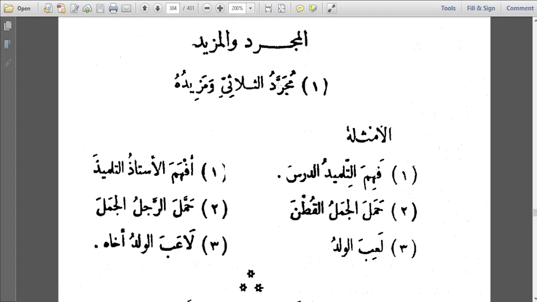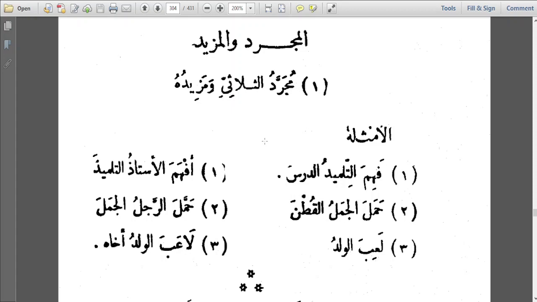It says مجرد الثلاثي ومزيده. مجرد الثلاثي بمعنى the 3-lettered root verbs that have no additions. ومزيده, and its addition. So verbs basically should end with six letters. Verbs are supposed to end with 6 letters.